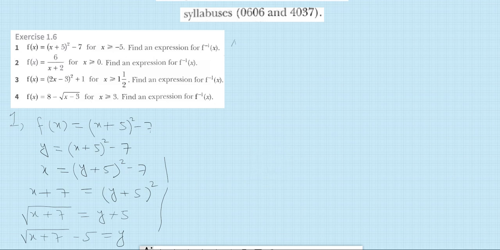So let's have a look. Question number 4. f x is equals to 8 minus x minus 3 root, x greater than equals to 3.